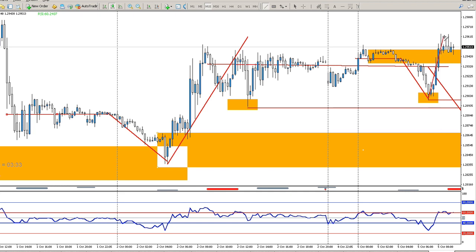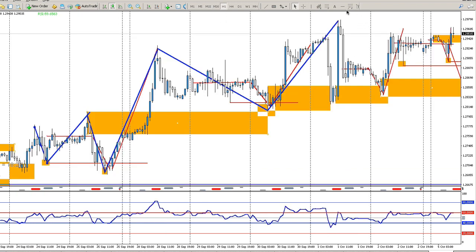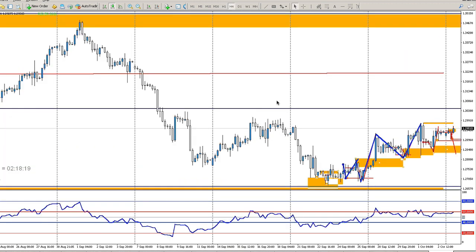Accumulation, manipulation, distribution for 50, 60 pips for a nice Monday morning. But ultimately, target for the week. We're climbing higher.